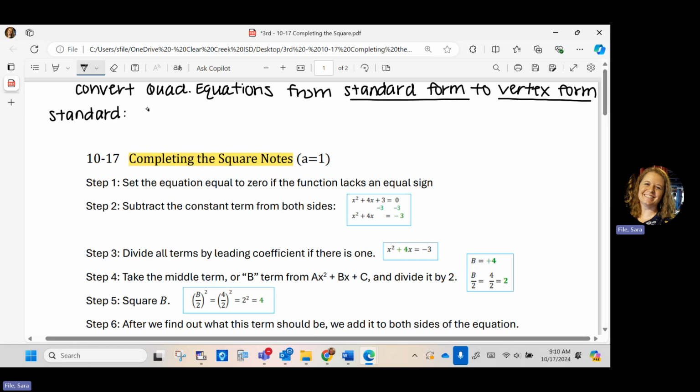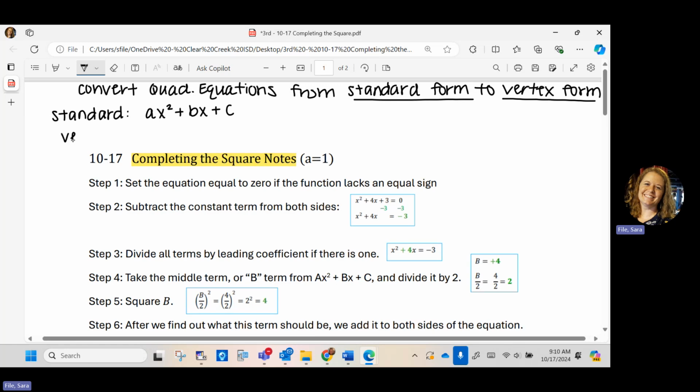So standard form is when you have ax squared plus bx plus c. Okay, that should look pretty familiar. Your trinomial with your squared term first, and then an x term, and then a constant. So that's standard form for a quadratic. Vertex form is what we started looking at this week when we were looking at the graphs and the transformation rules.